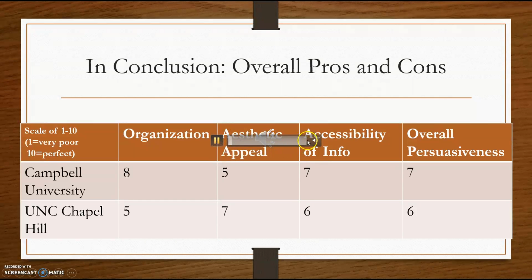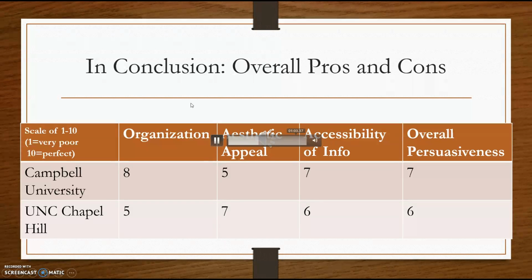In conclusion, I decided to rate each university webpage on these three different criteria, as well as a fourth category of just overall persuasiveness. I did it on a scale of 1 to 10, with 1 being very poor and 10 being perfect. Again, organization: Campbell University's webpage did this a little bit more effectively.